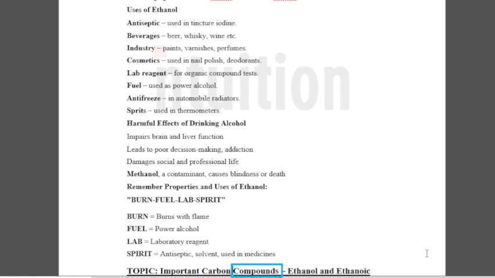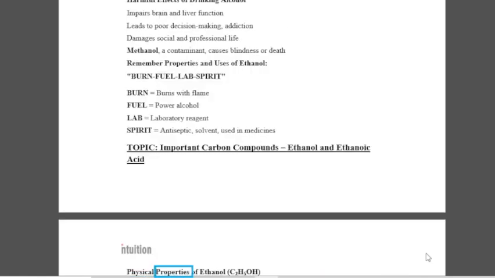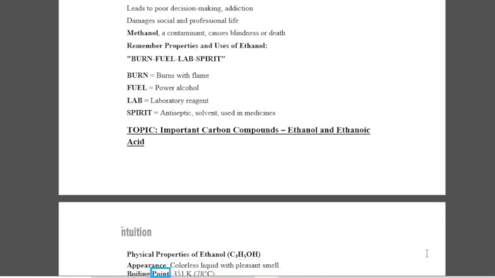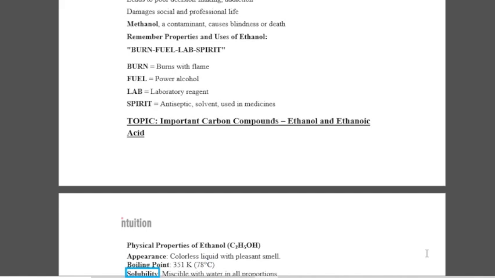Important carbon compounds: ethanol and ethanoic acid. Physical properties of ethanol, C₂H₅OH. Appearance: colorless liquid with pleasant smell. Boiling point: 351 K, 78 degrees C. Solubility: miscible with water in all proportions.